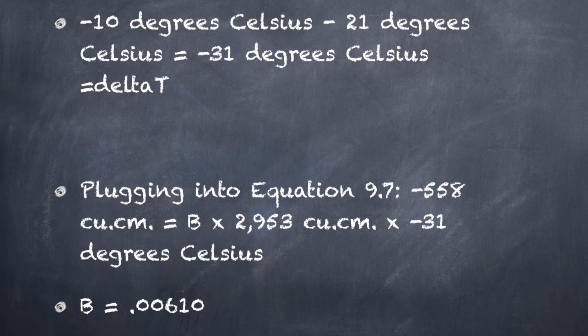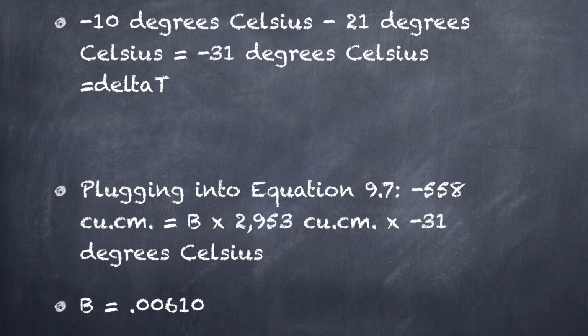After doing that, we went to plug the numbers that we had into equation 9.7, noticing that V sub O was the volume before the temperature changed, and in our case that would be the volume of the balloon at room temperature.